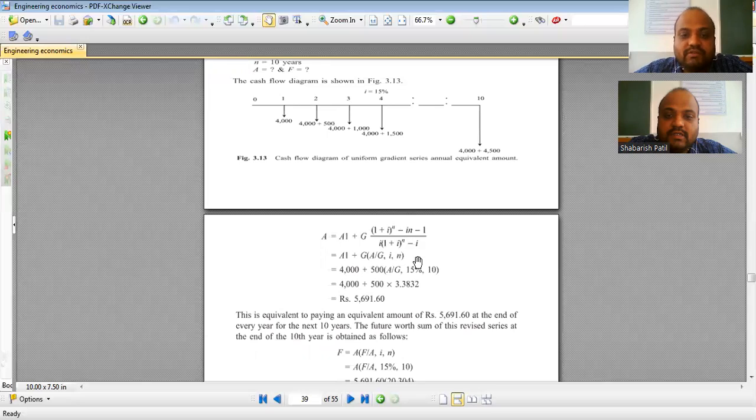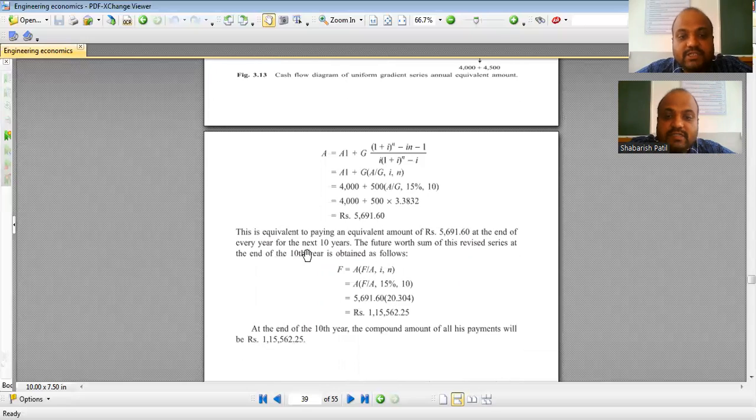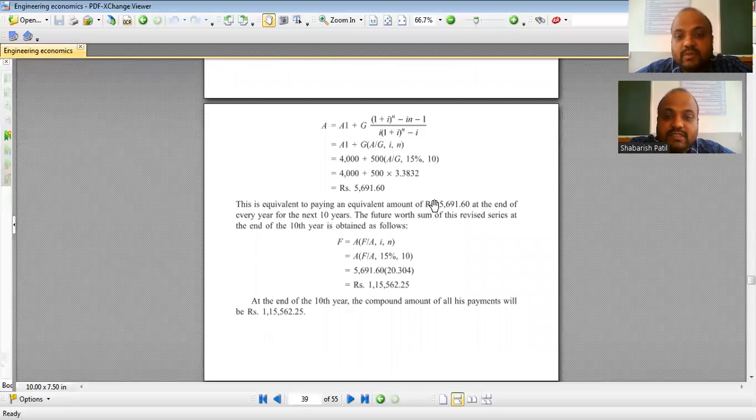So substitute all the values here, and we get an equivalent annuity of rupees 5,691.60. This is equivalent to paying an amount of rupees 5,691.60 at the end of every year for the next 10 years. This is equal to A now.